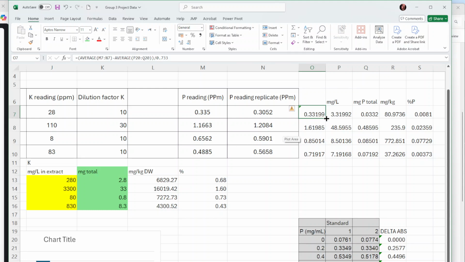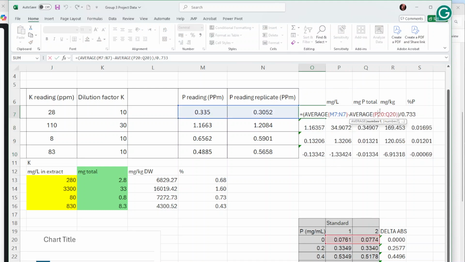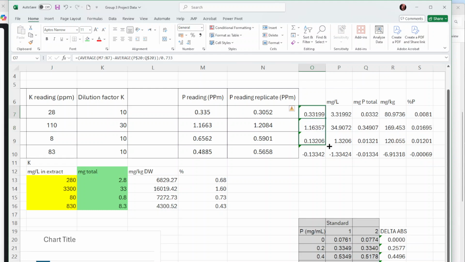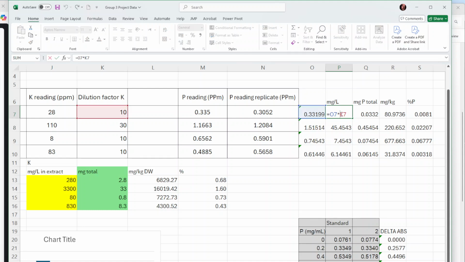Okay, so the concentration of phosphorus when I read, now, oops, I did something. Sorry. The concentration of phosphorus here, and what I'm going to do next, I'm going to multiply this by the dilution factor.